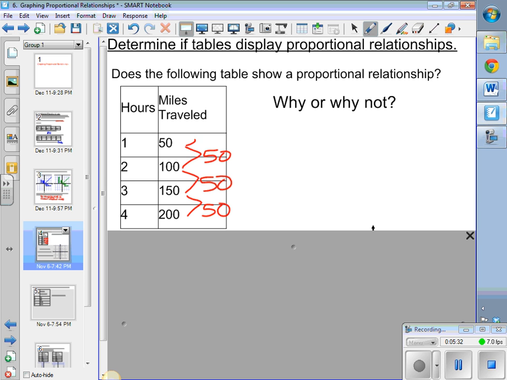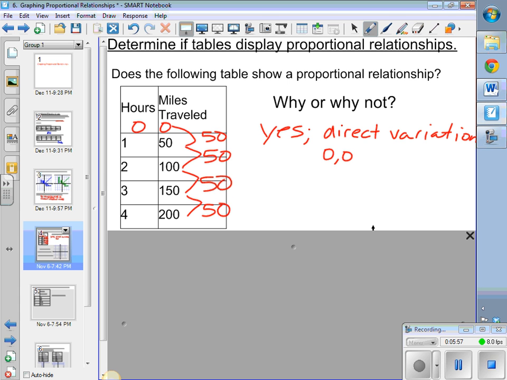If I went down here, 50, would this be 0? Yes. And it has a direct variation, and 0, 0. Okay?